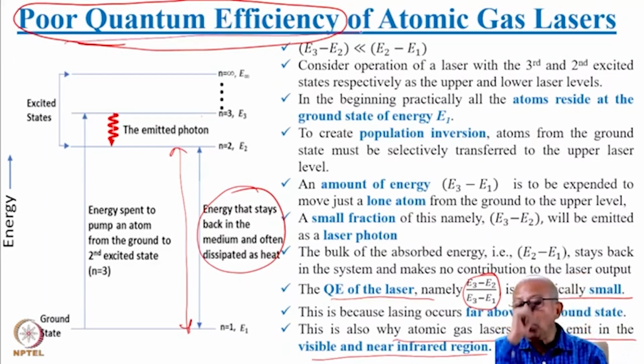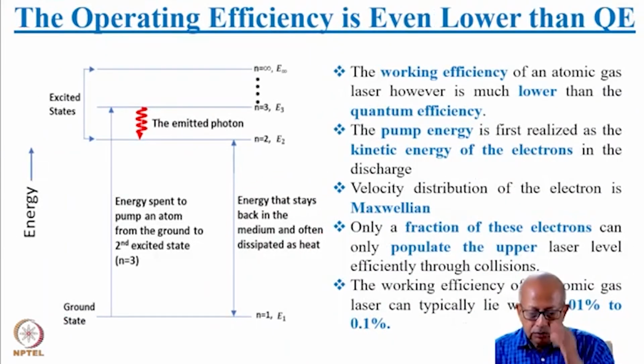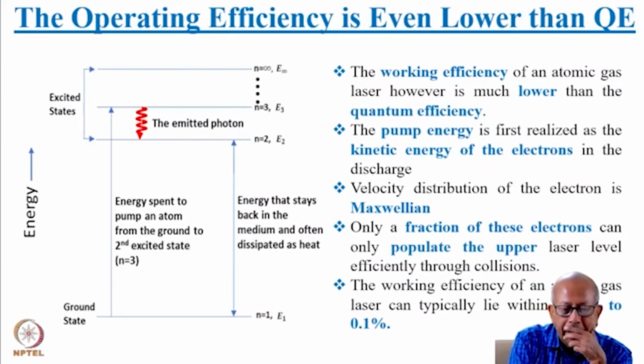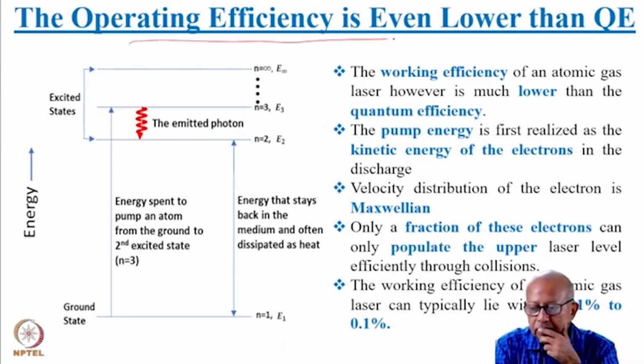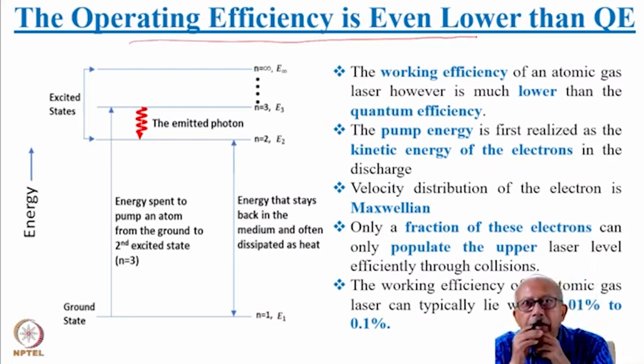Now, if it has poor quantum efficiency, then what kind of efficiency can a gas laser eventually give? Well, let us try to find it out. What will be the actual operating efficiency of a gas laser?